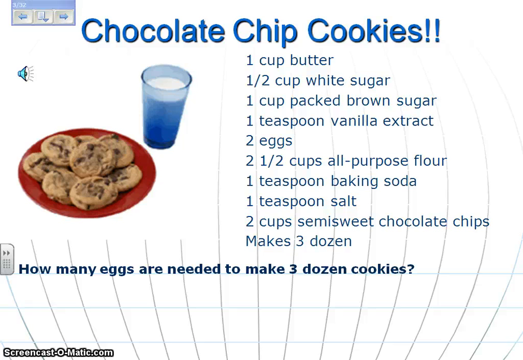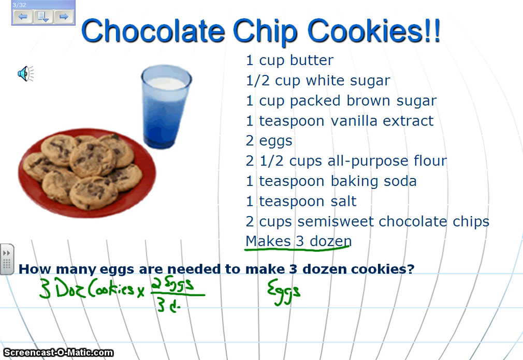In 3 dozen cookies, we want to go to eggs. We know that this recipe is for 3 dozen, 2 eggs per 3 dozen. Dozen cancel, 3 cancels, so we need 2 eggs to make 3 dozen cookies.